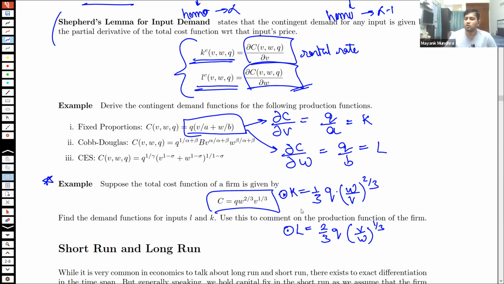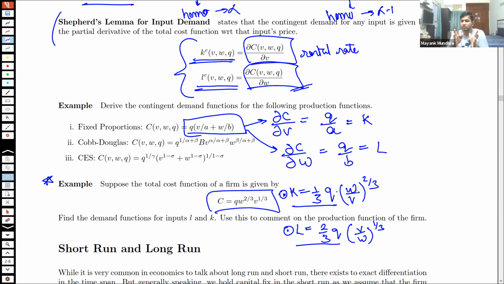So, can you now eliminate W by V in order to get a relationship between K, Q, and L? Basically, W by V appears here and here. So, I want you to eliminate W by V from both the equations.